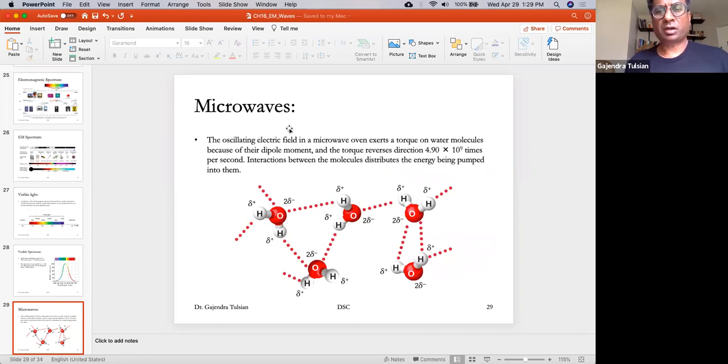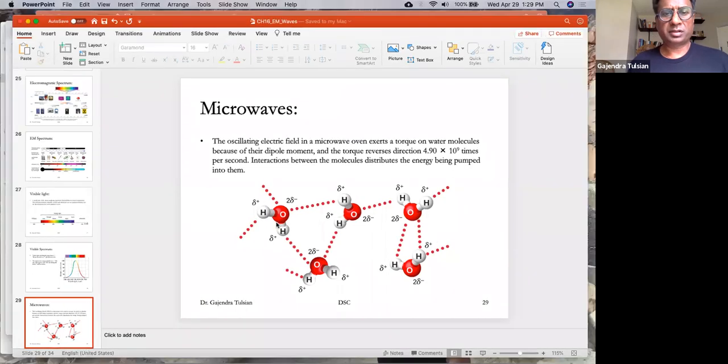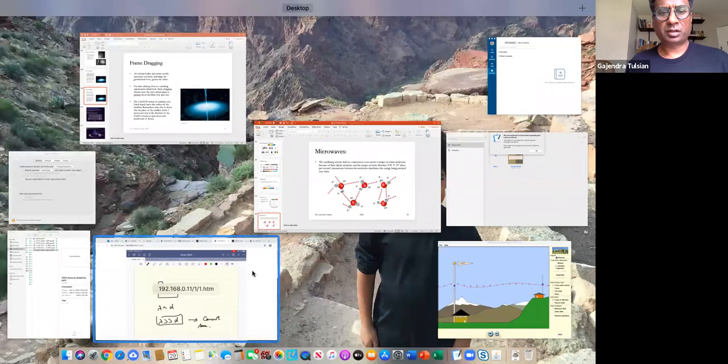Okay, now let's talk about microwaves for a second. So this is a water molecule, and you know that the water molecule has a dipole moment, okay? The oxygen atom is electronegative, or greedy for electrons, so the negative charge center is there, and there's the positive charge center. So let's draw.